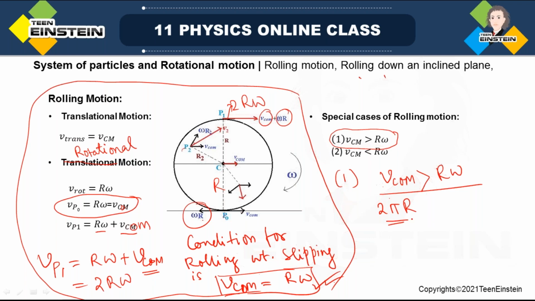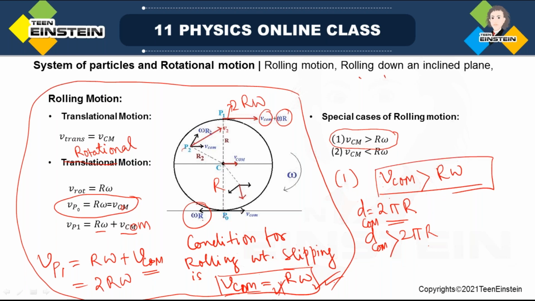But suppose due to some reason the distance covered is greater than 2 pi r. What does that mean? It automatically means the translational motion is greater than R omega, so the condition is no longer valid.